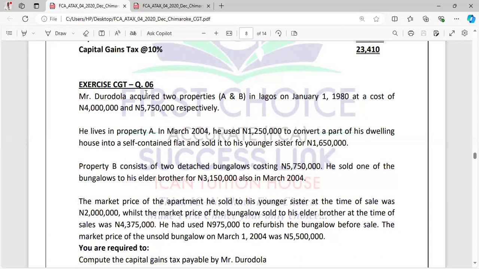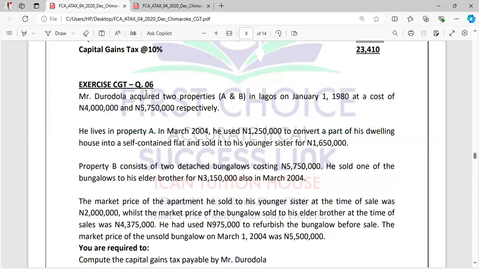Now, he used 975,000 to refurbish the bungalow before sale. So it means that that bungalow, that part that was disposed of, that part alone was refurbished for how much? 975.